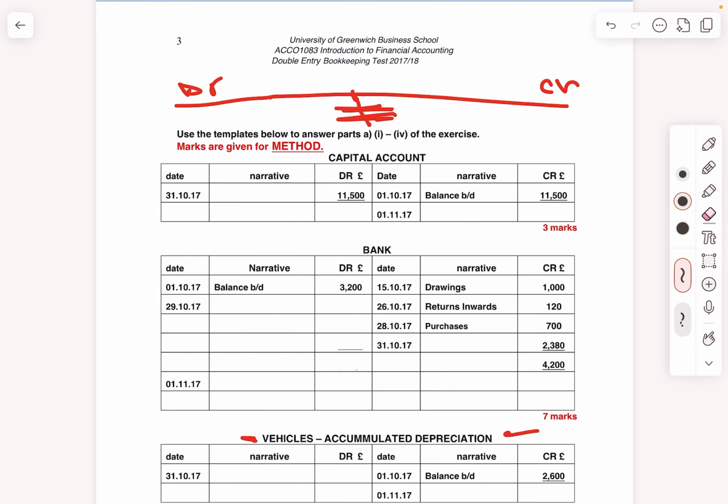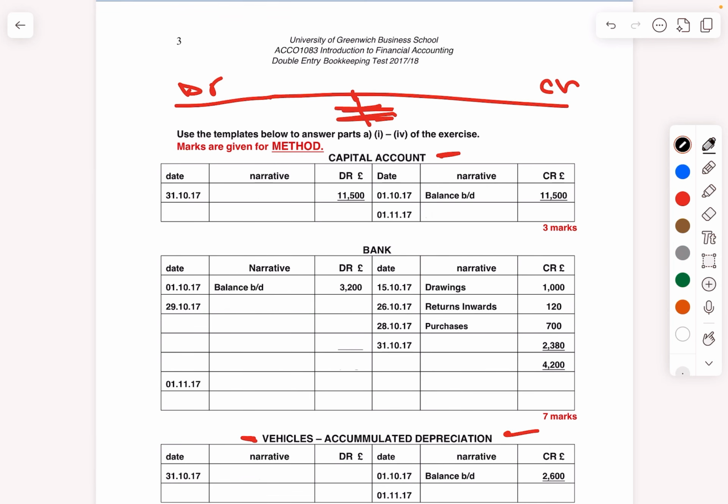For example, in the capital we didn't have other transactions, we only have the opening balance for the month of October, and it was 11,500.